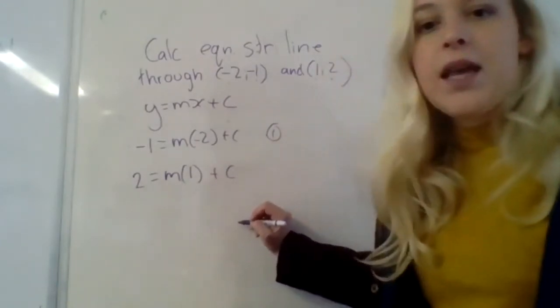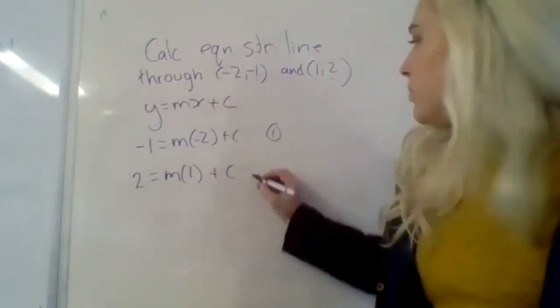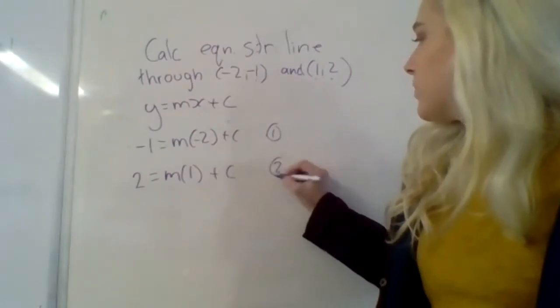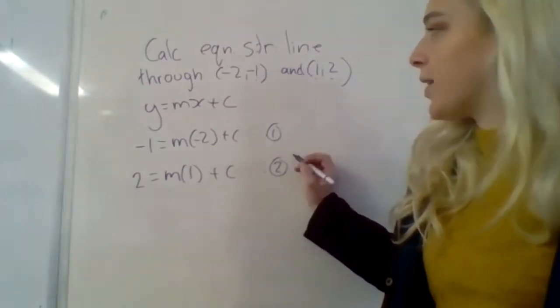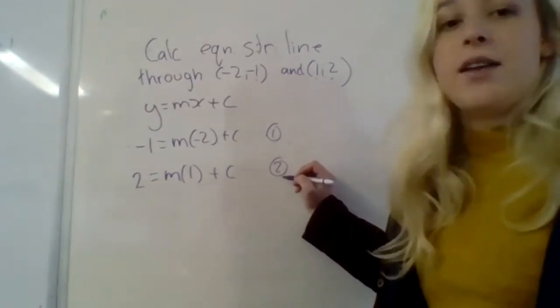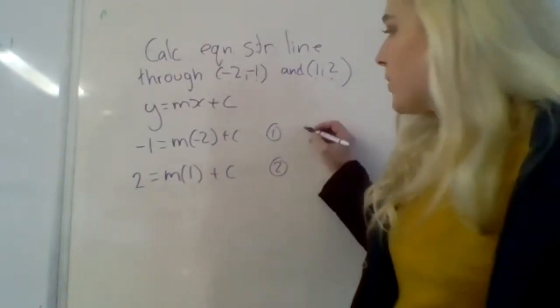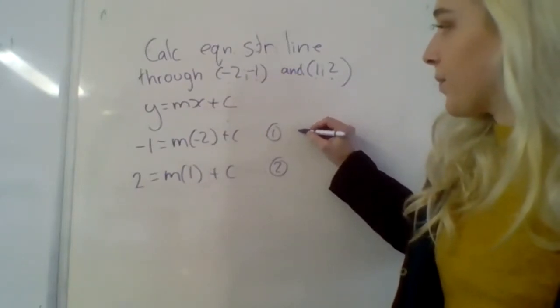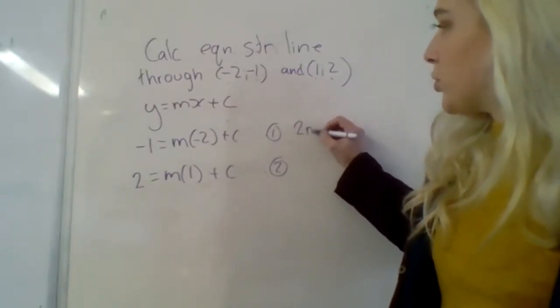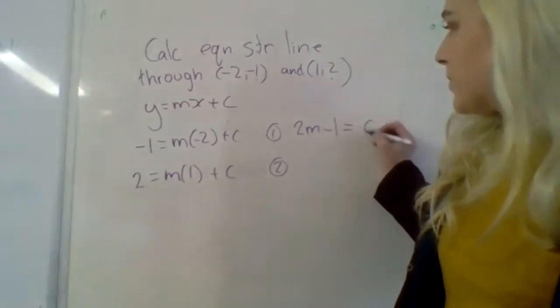I'm just going to rearrange my second equation quickly and my first equation so that we can solve. My first equation becomes 2m minus 1 is equal to c.